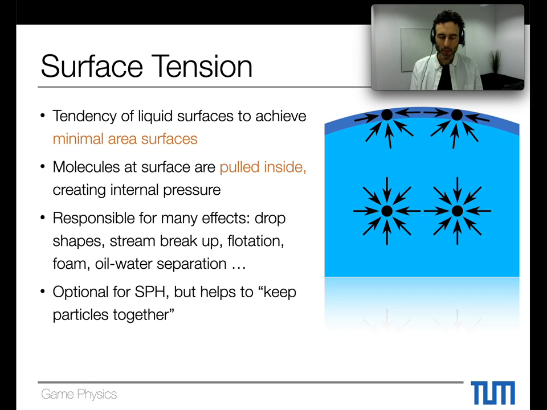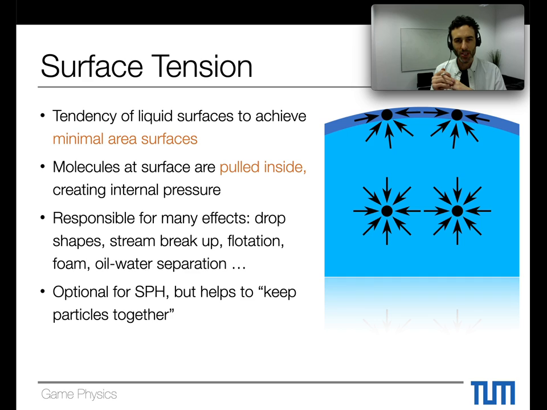This has some interesting properties because it's effectively very geometric. It makes the fluid form minimal surfaces, minimal area surfaces, sorry, for a given volume. And what shape has the minimal surface area for a given volume?